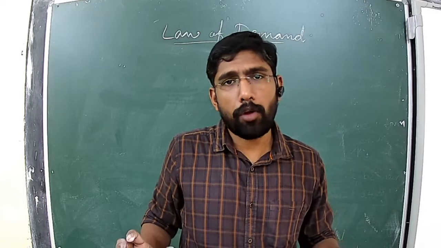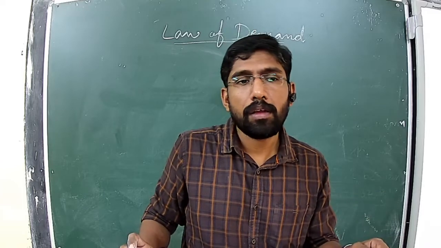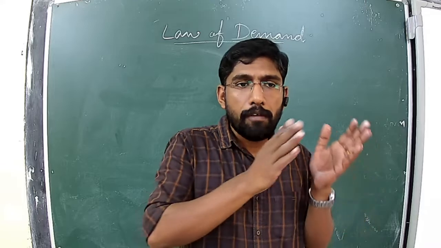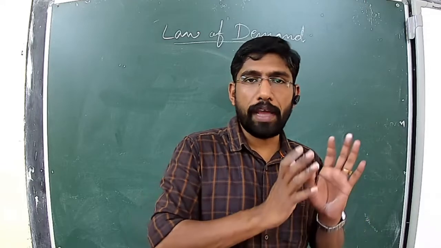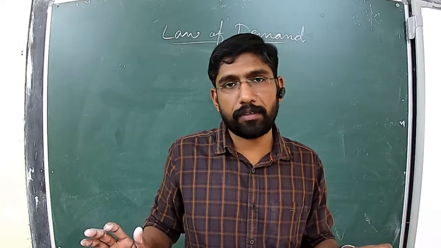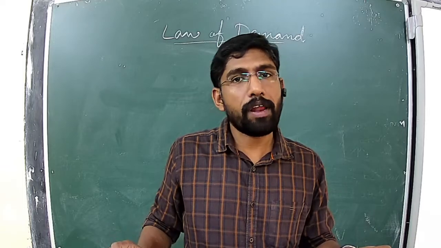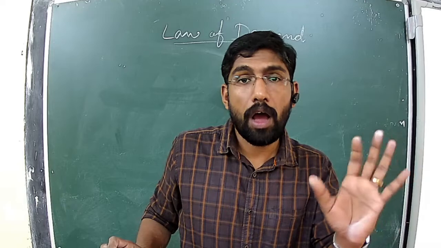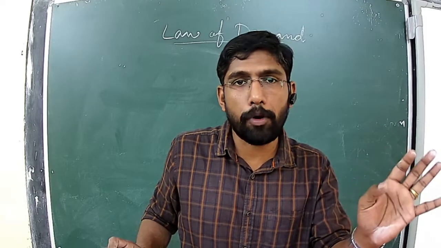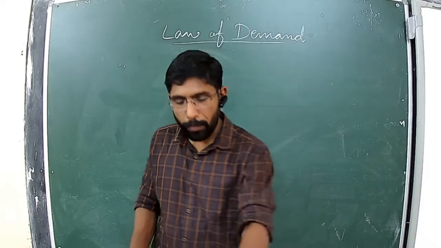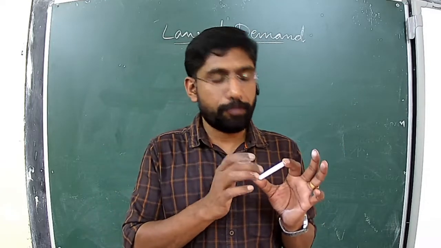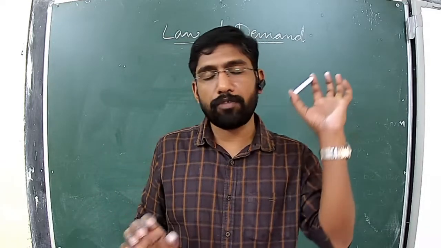So in microeconomics or price theory, mostly we will be interested in finding out how the price of a particular commodity is fixed, is it not? We also would have thought about that. Suppose this is a chalk, and the price of a single piece of chalk is 1 rupee.